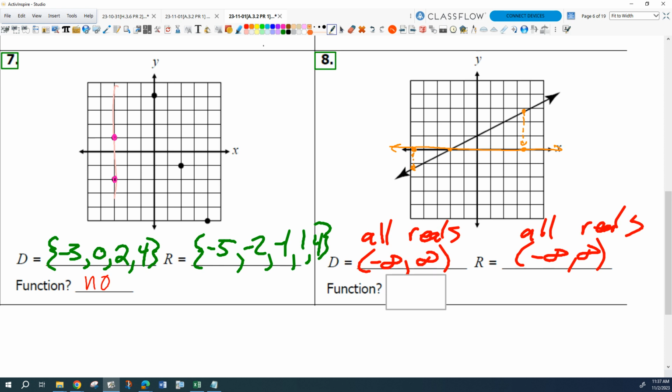So the graph of the domain is all reals. Same thing with the range. If I projected these points onto the y-axis, that point would project there, this point would project there, that point would project there, and so on. And I would graph the entire y-axis. Agreed? So I get all reals.